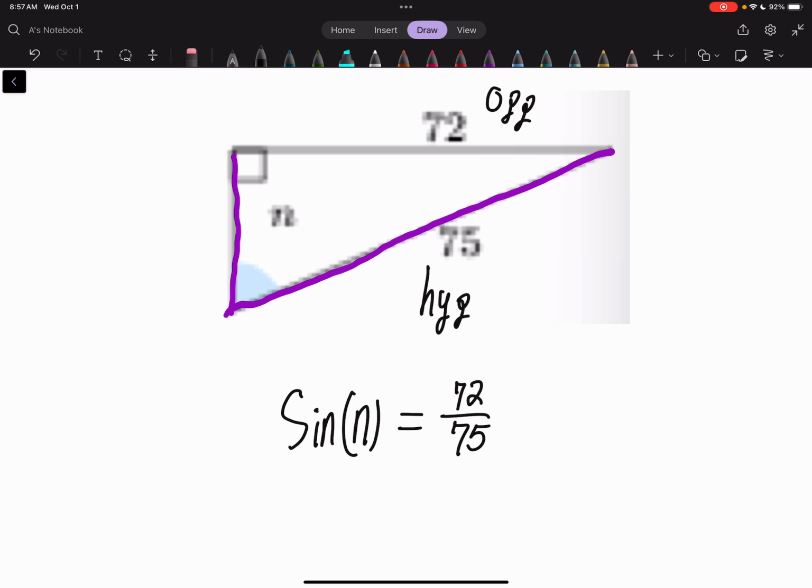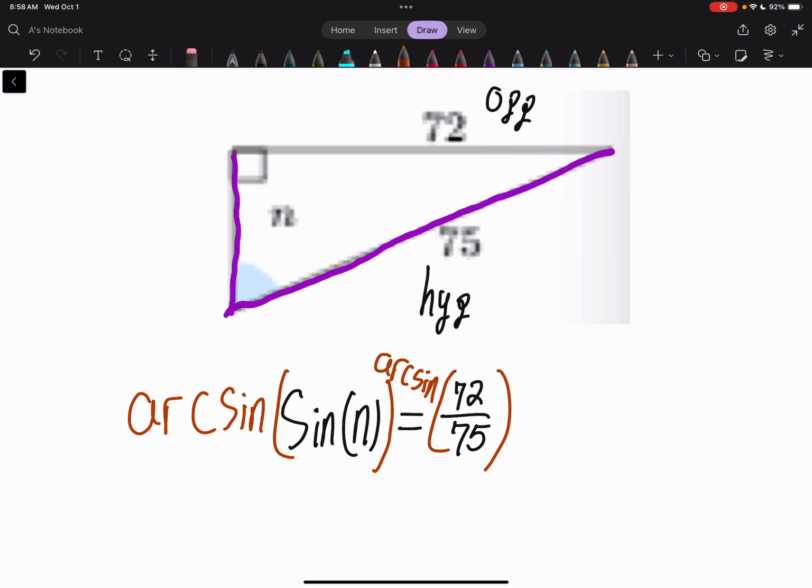Now, you should be aware of how to do this in a Math 4 classroom, but to undo a sine function, you're taking the arc sine. Whatever you do to one side, you have to do to the other.